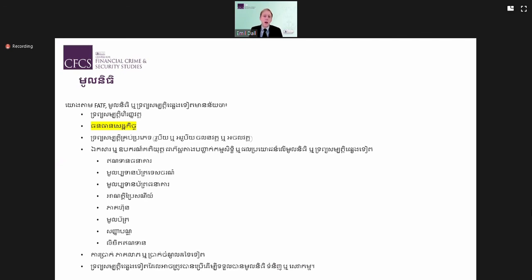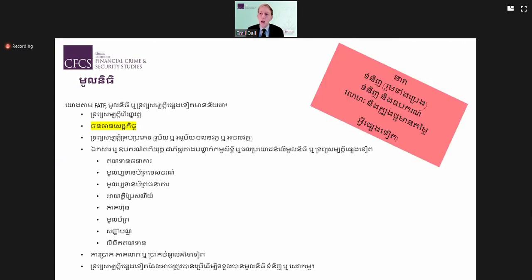But all this is to say that the definition of proliferation financing is incredibly broad. And if you came into this training today thinking proliferation financing is only to do with the payment connected to someone buying a missile or a component that can be used in a nuclear weapons program, I'm hoping that the last few slides have given you an indication that the definition of proliferation financing goes beyond that.